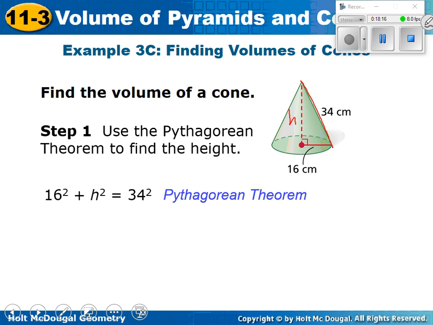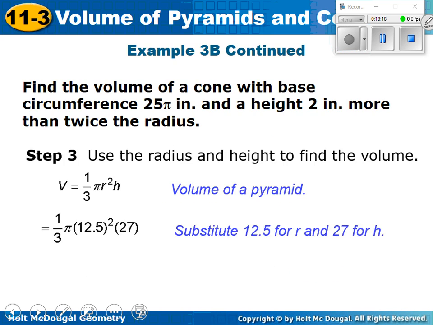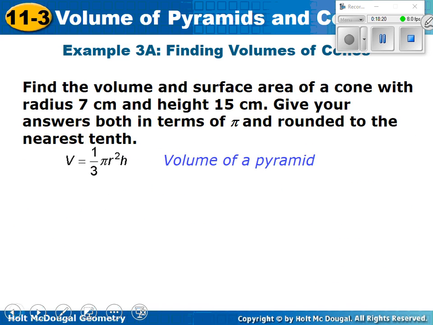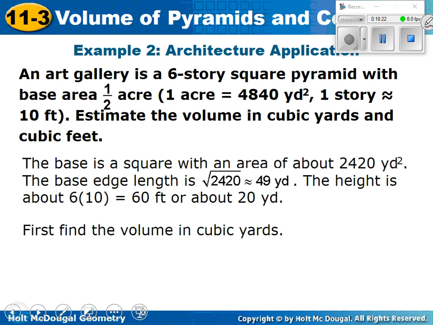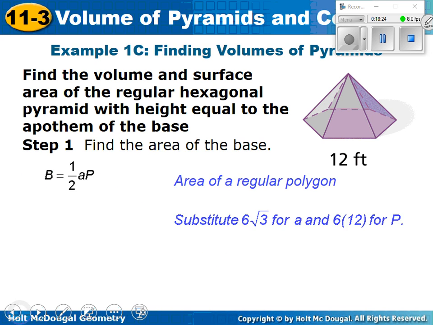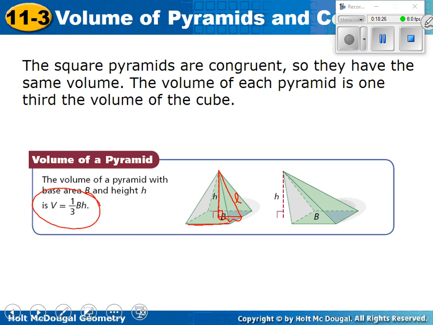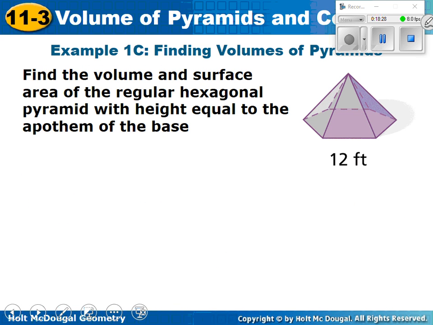So I'm going to stop doing cones now and let's go back to the beginning. And we're going to skip the first example and go on to the hexagonal pyramid. All right, and this is where it gets harder. All right, so what does it want us to find?